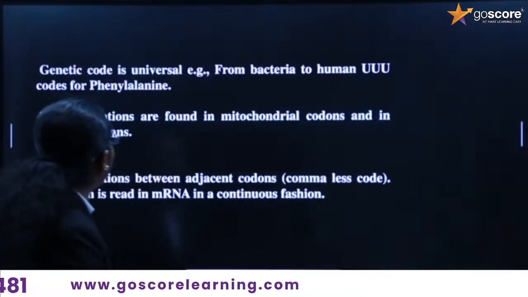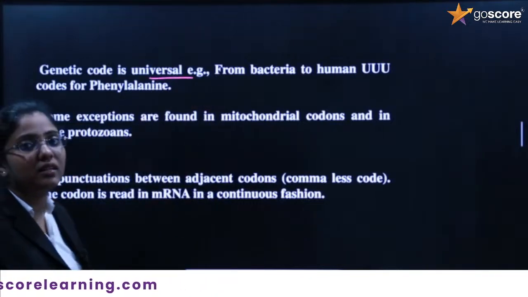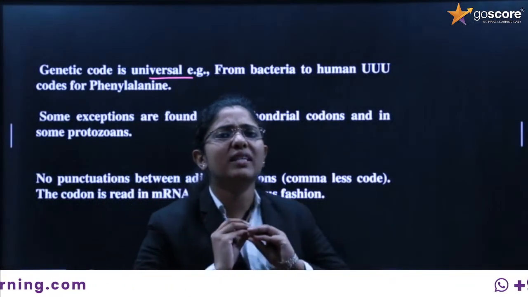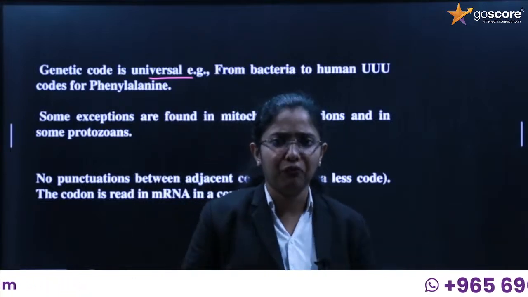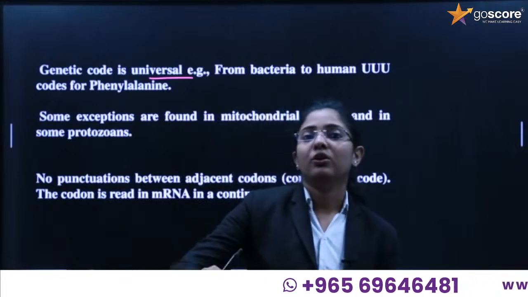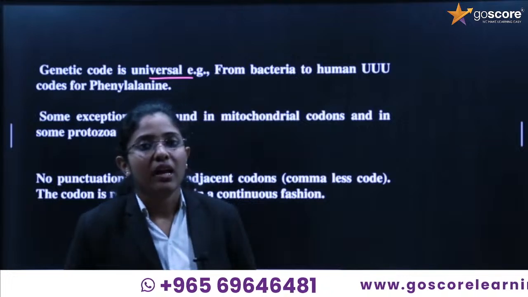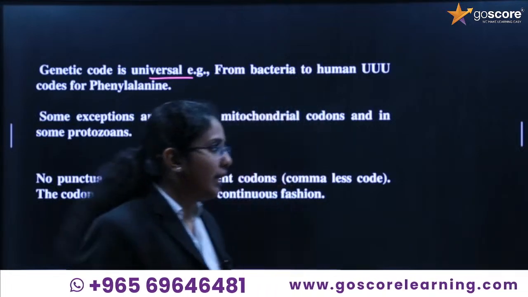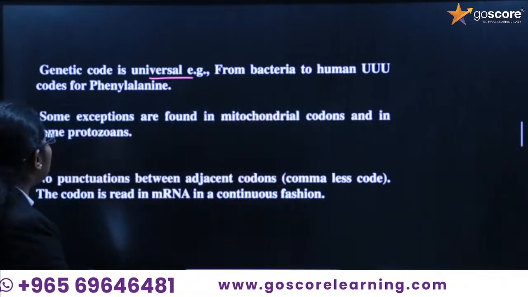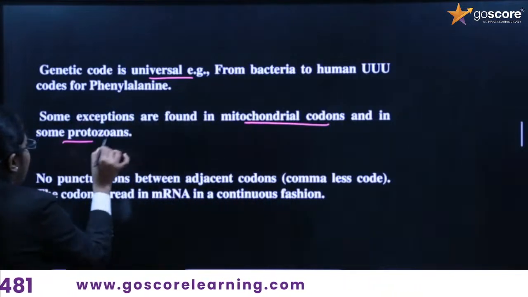Next point, the genetic code is universal. The genetic code is similar for every organism, from a simple prokaryotic organism to a complex eukaryotic organism. Some exceptions are found in mitochondrial codons in some protozoans.